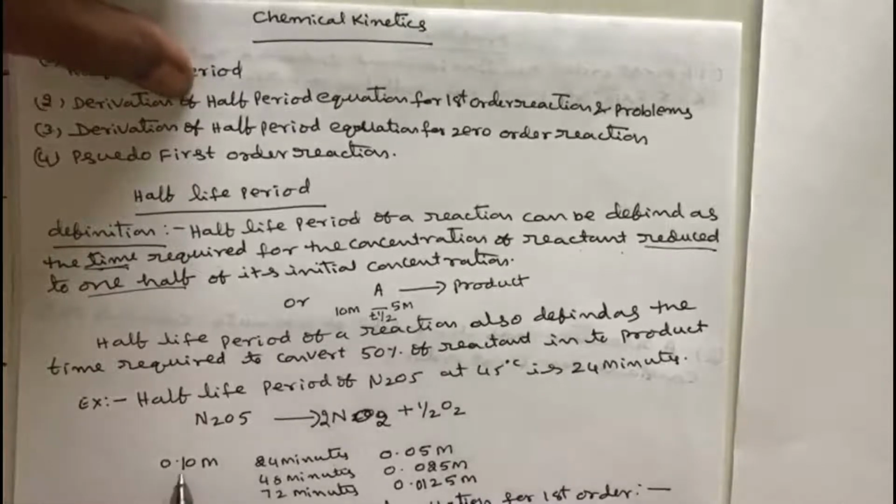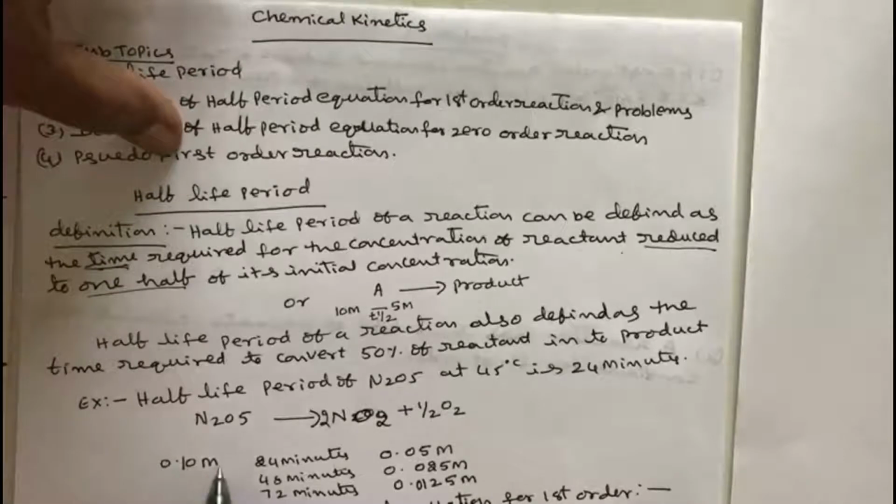Here the concentration reduced from 0.1 m to 0.05 m. The time is 24 minutes. Then 0.05 m to 0.025 m, the half-life period is 24 minutes. Then 0.025 to 0.0125, here also the difference is 24 minutes.